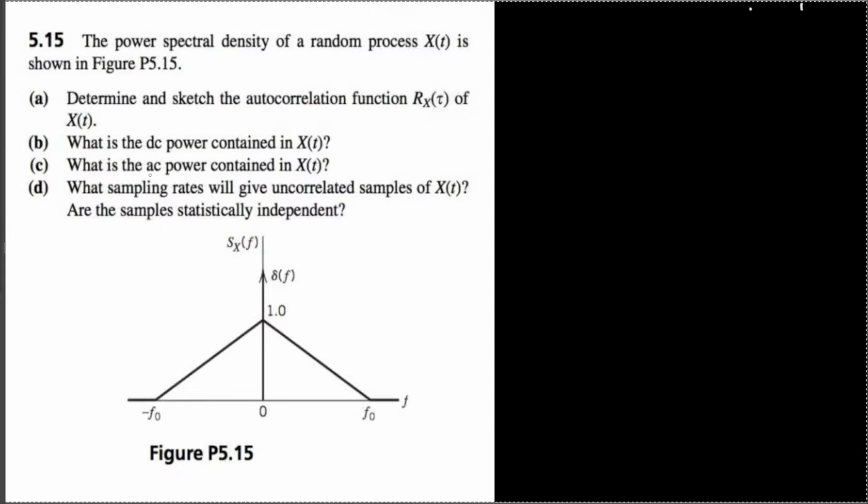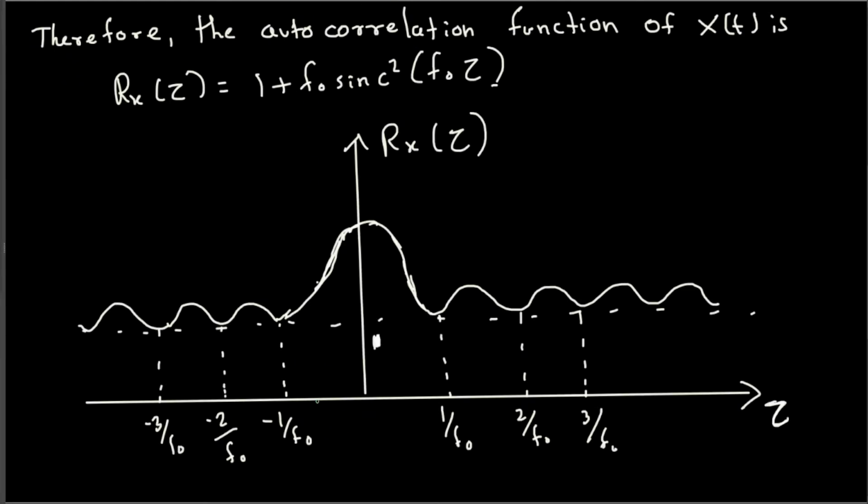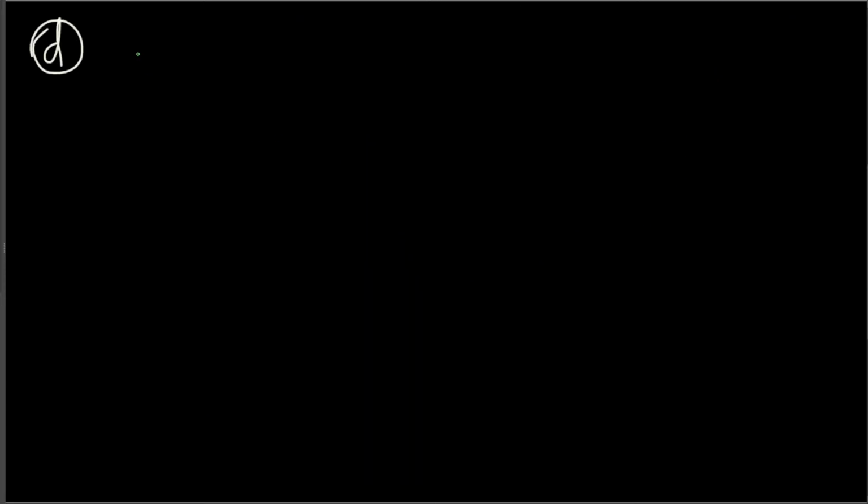Okay, now let's look at the D part of this question. The D part is asking what sampling rate will give uncorrelated samples of x of t. Are the samples statistically independent? Okay, so here from the graph you can see the tau has interval. It is having 1 over f naught, 2 over f naught, 3 over f naught, and then it's going on n over f naught.